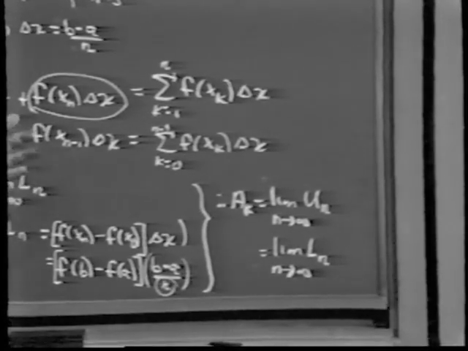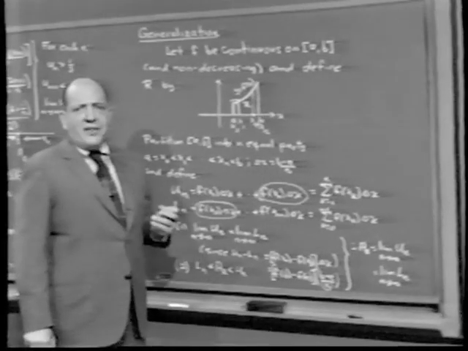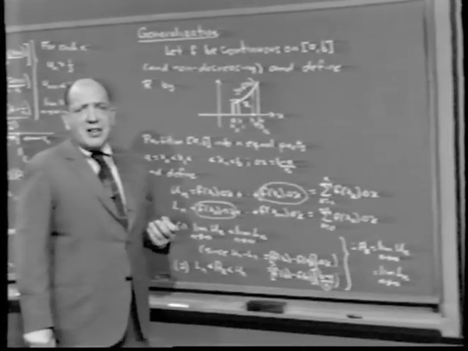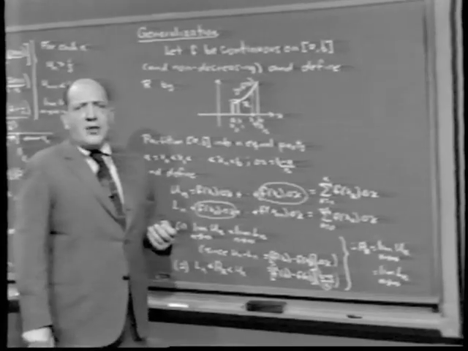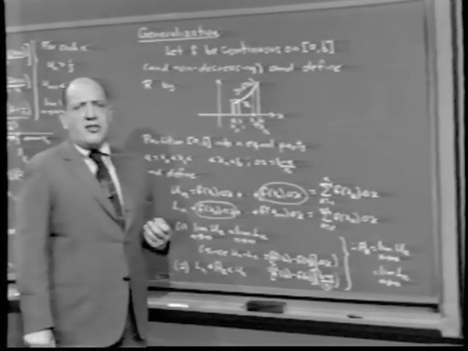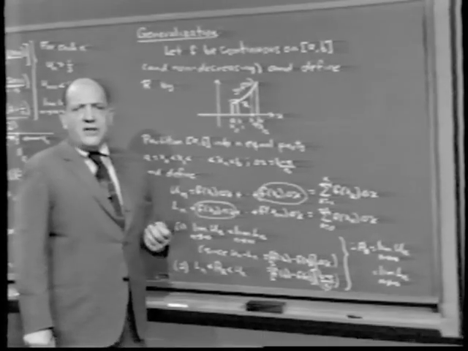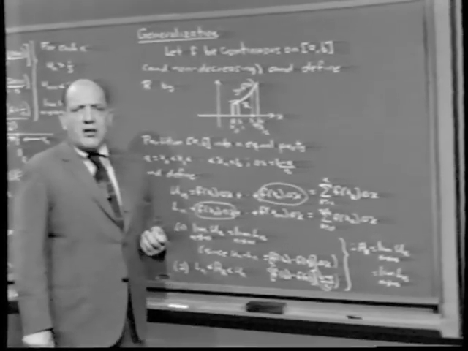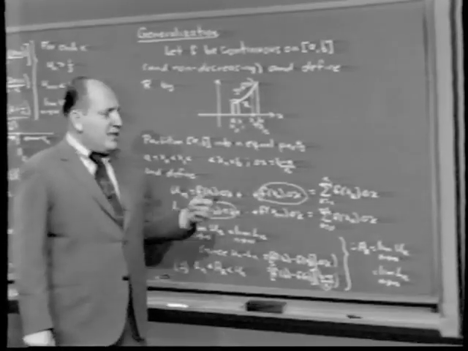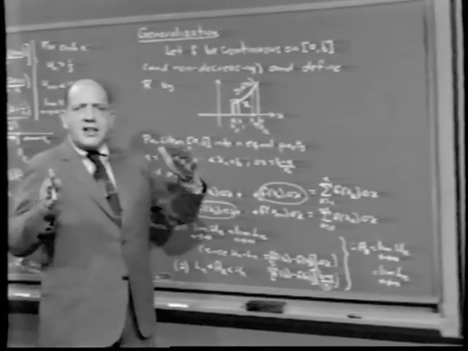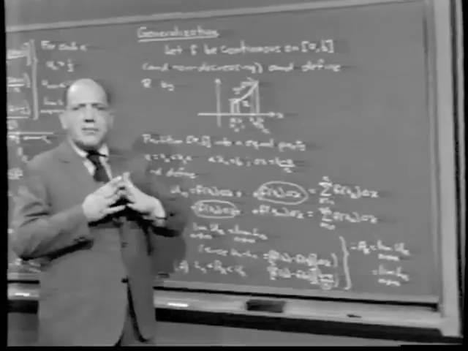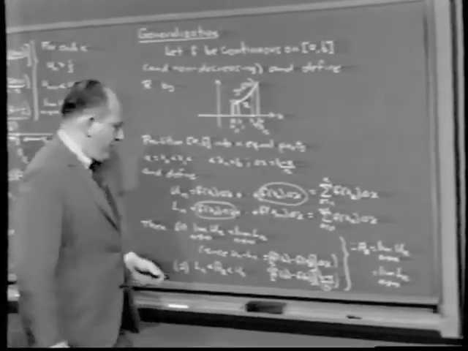Now, by the way, this looks very hard, and it is difficult. In fact, in general, these limits are very hard to find. The point that I thought would be interesting to mention at this stage of the game is that if all we want is an estimate for the area under the curve, there are faster and better ways of doing this. You see, the beauty of this technique here is that it's a technique for exhausting the space completely. We find exact areas this way.